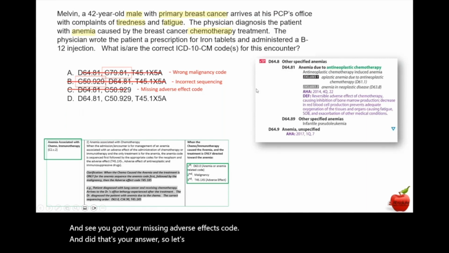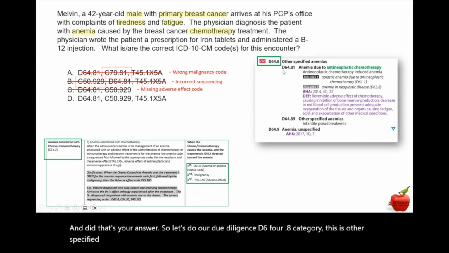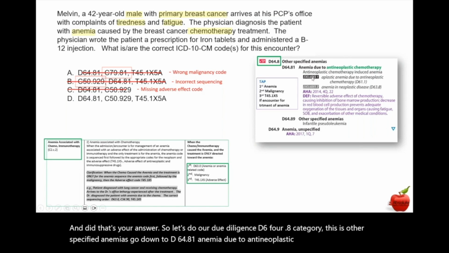So let's do our due diligence. D64.8 category, this is other specified anemias. Go down to D64.81, anemia due to antineoplastic chemotherapy. This is our code.